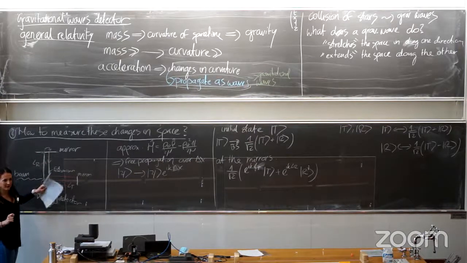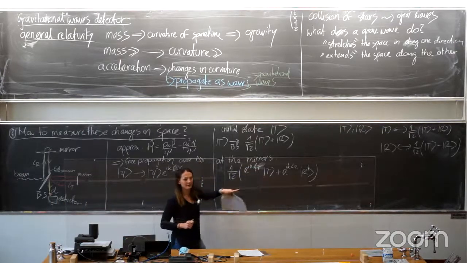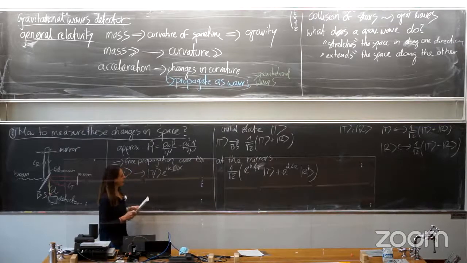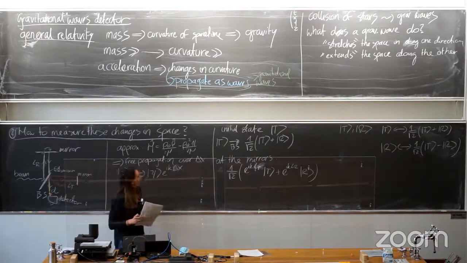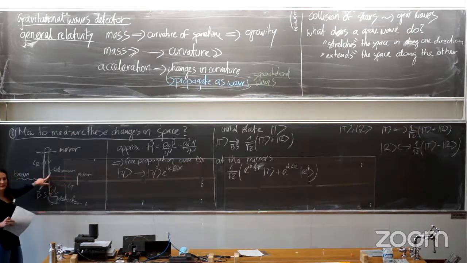This symbol is exactly the length, which is my delta x. Now, if I come back to the beam splitter, what do I have to do? Just before the beam splitter, you've got the same distance again. Exactly.